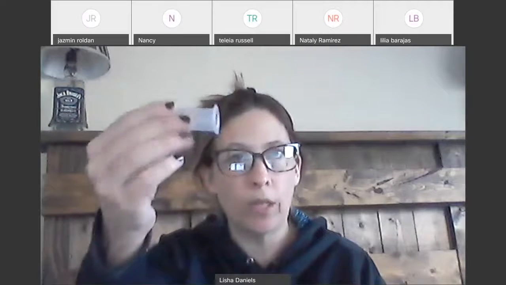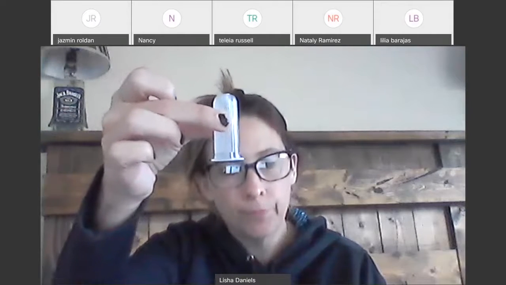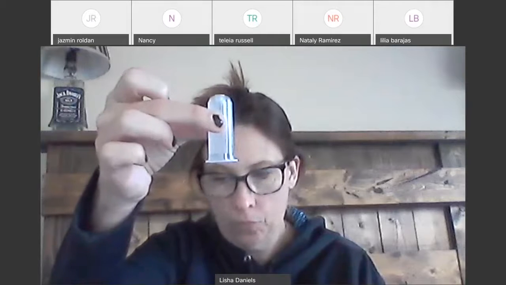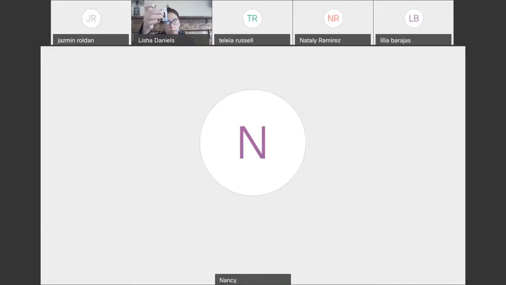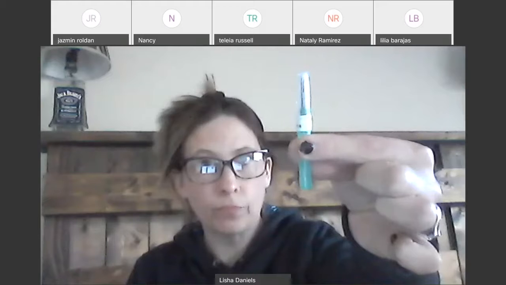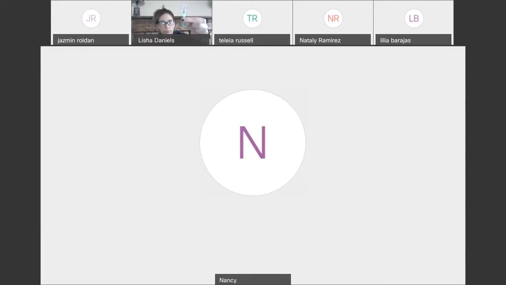All right, so really quickly, I want to show you what it looks like on the vacuum tube. So again, what is this called, ladies? Our plastic, and this is the flange. All right, and this is what? That's our 21 gauge needle. That's right.